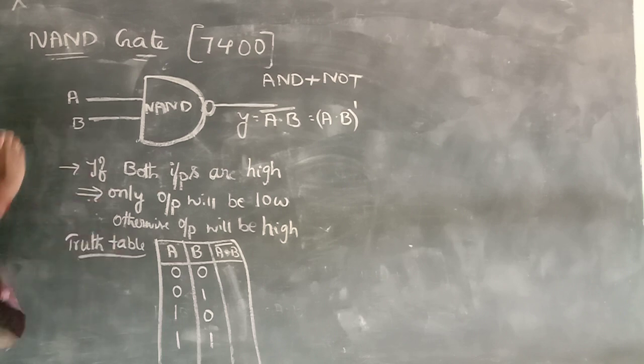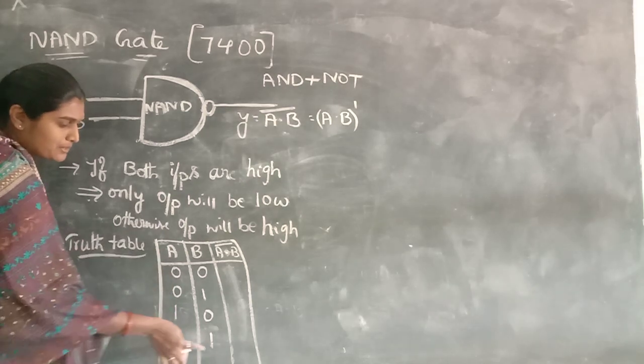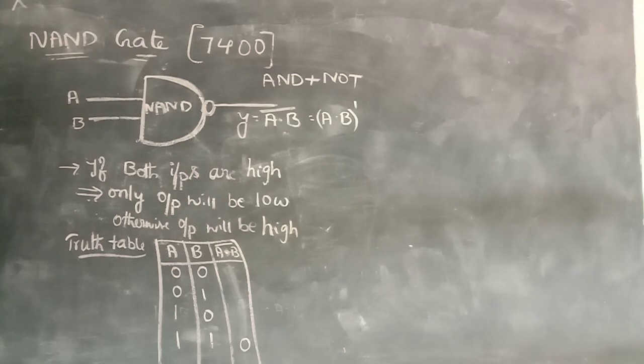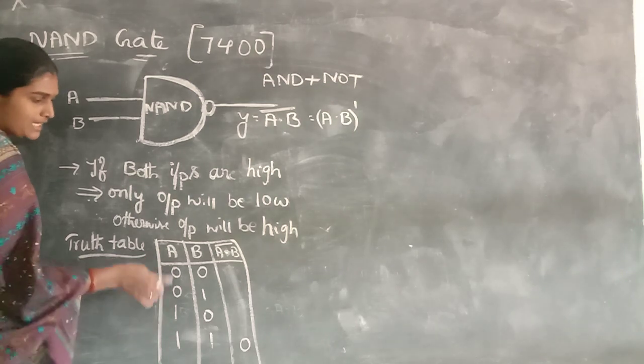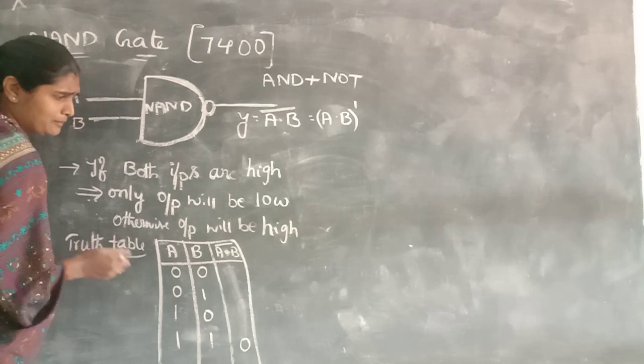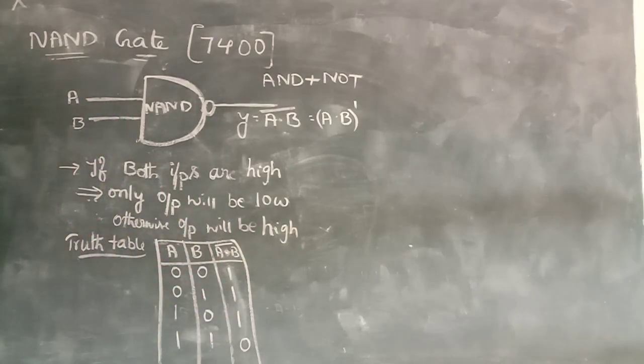So the truth table of the NAND gate becomes: when both inputs are high, then only the output will be low. Low means 0, high means logical 1. Otherwise, for any other inputs, the output becomes high. This is the truth table of the NAND gate.